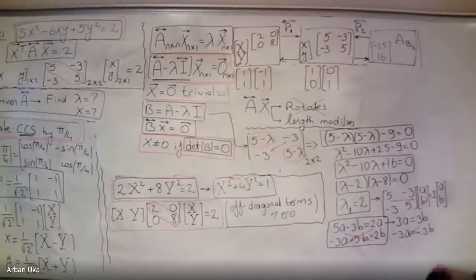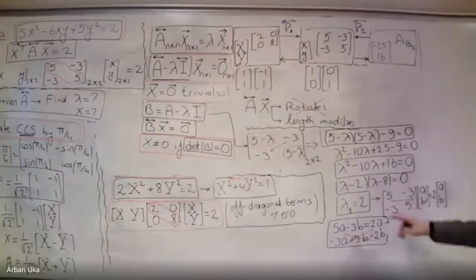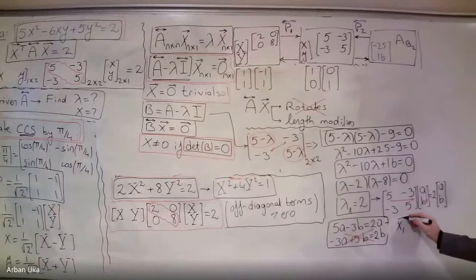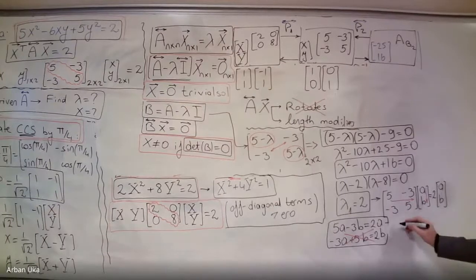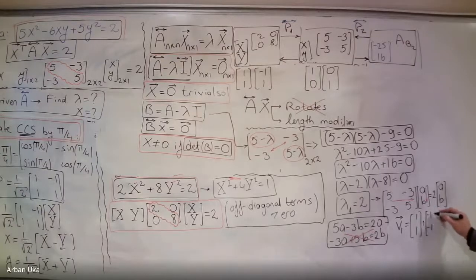So then we can erase this one, and from these equations, for lambda equal to 2, the eigenvector, let's write this v1, because x denotes the polynomial, which is still on the board. So here we have v1, and this is equal to 1, 1. We could also say minus 1, minus 1.